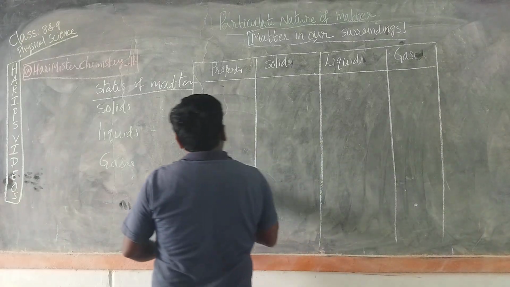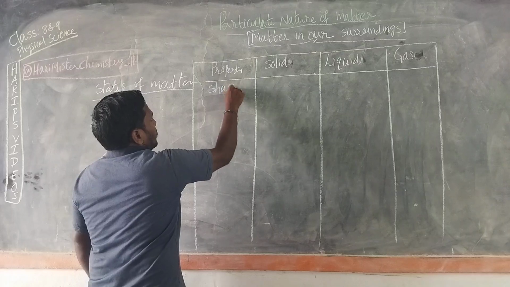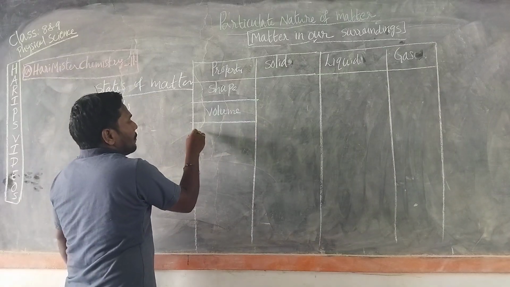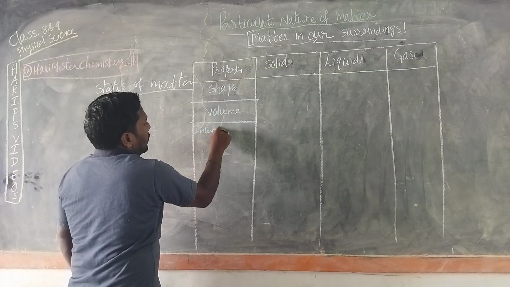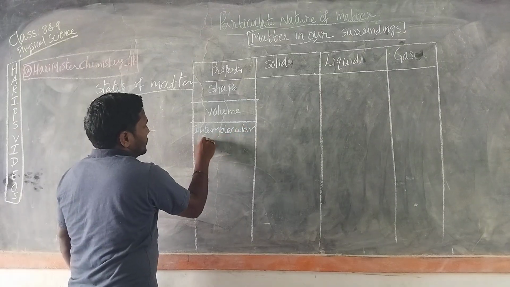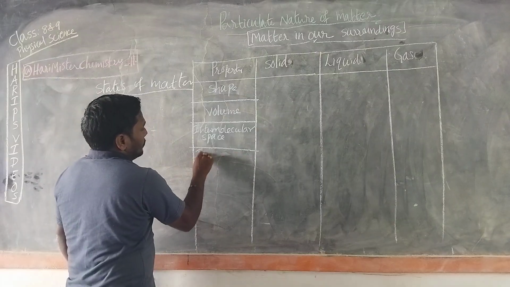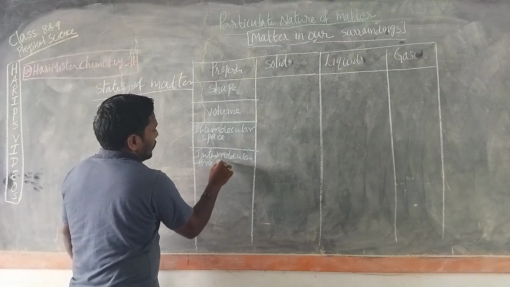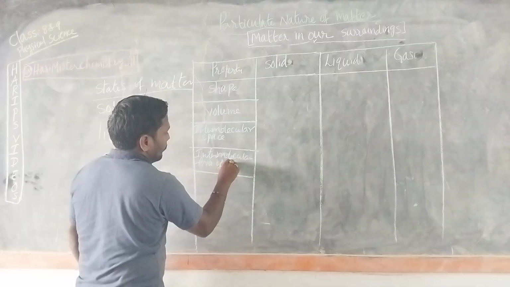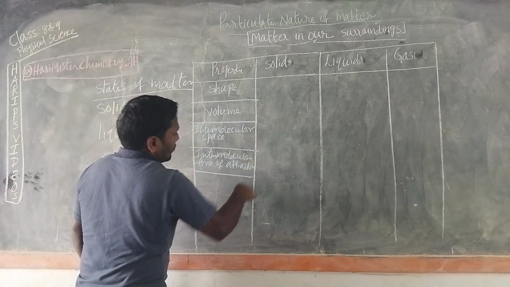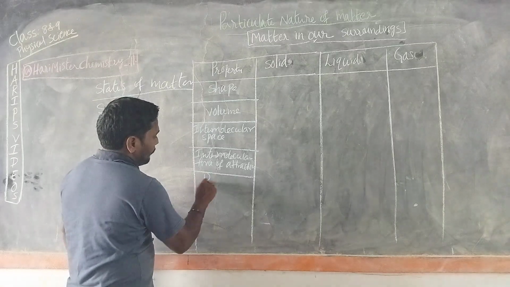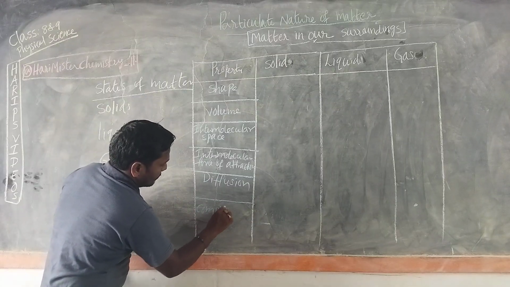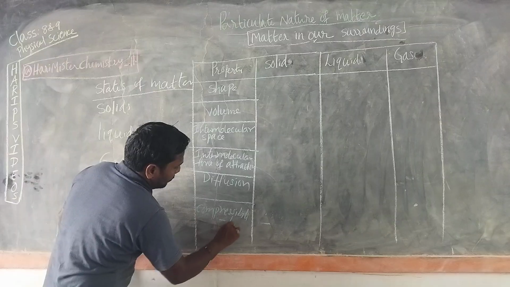So let us write first of all shape, volume, intermolecular space, intermolecular force of attraction, diffusion, compressibility.